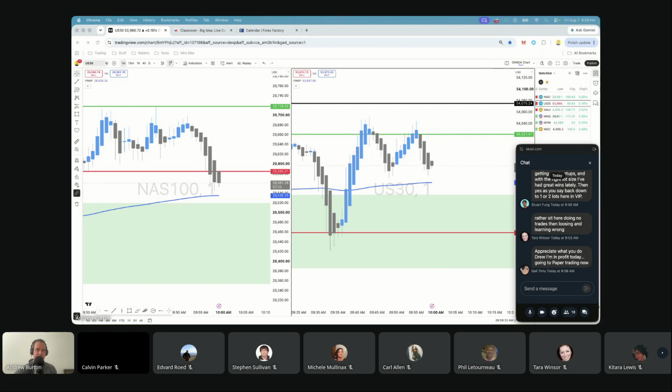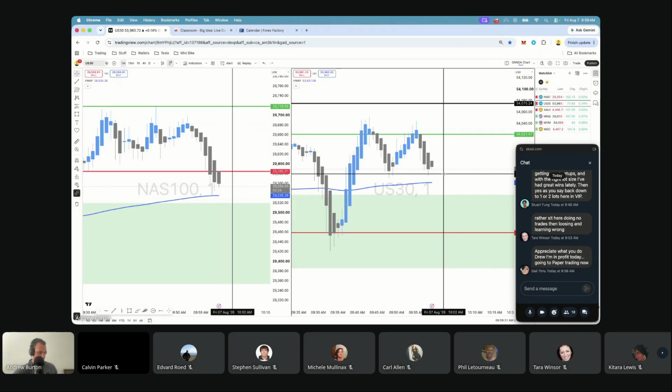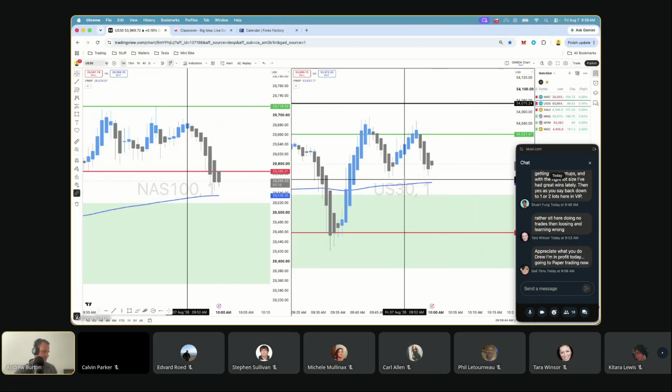Okay. So probably the next candle gives us something. Okay, going long. And let's just hope it doesn't go sideways here for a long time.